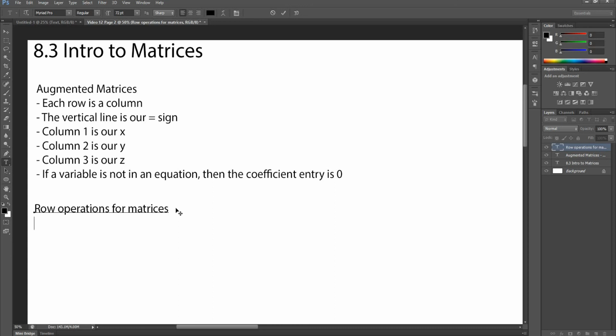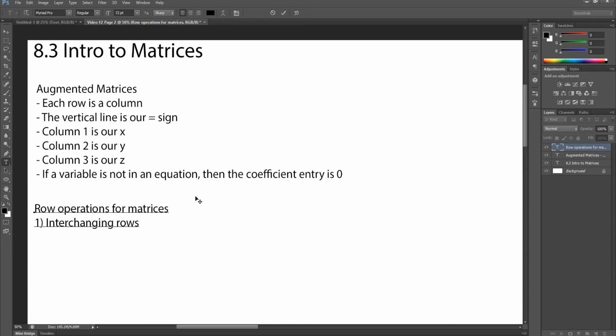So first and foremost, we did this in 8.2, where I was saying, hey, if we're solving a system, let's just switch the order of our equations. So the first row operation we're allowed to do is interchanging rows. This is perfectly fine. There's nothing wrong with it.